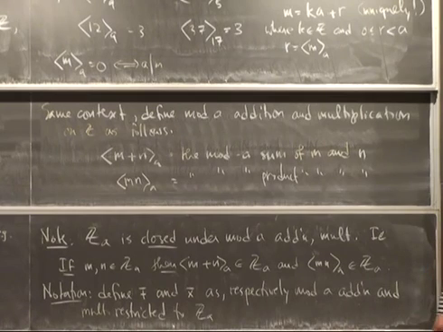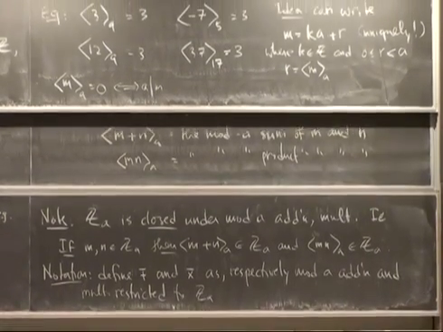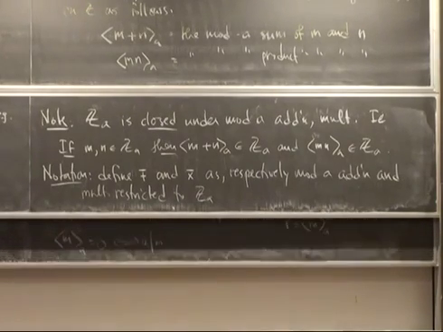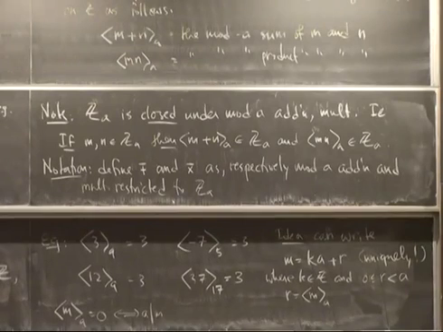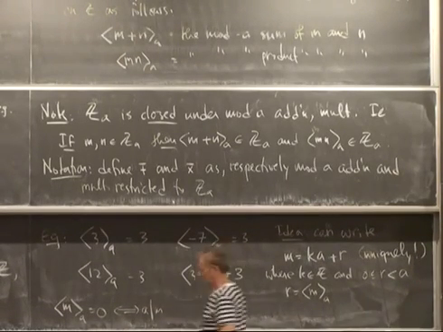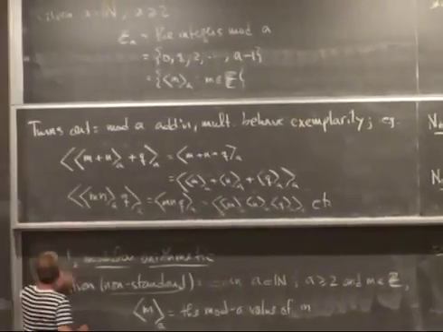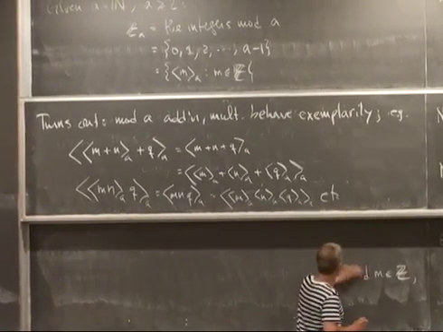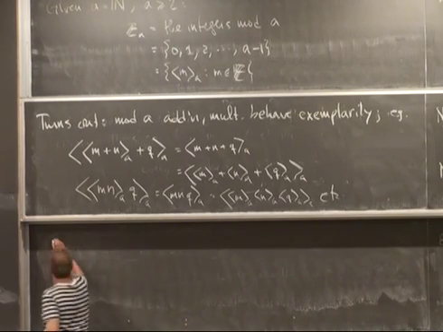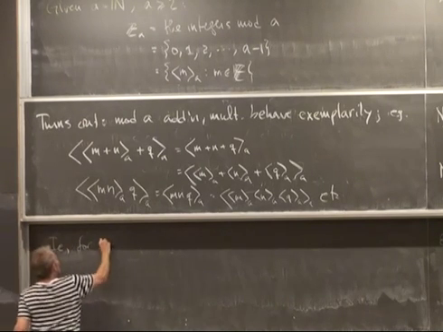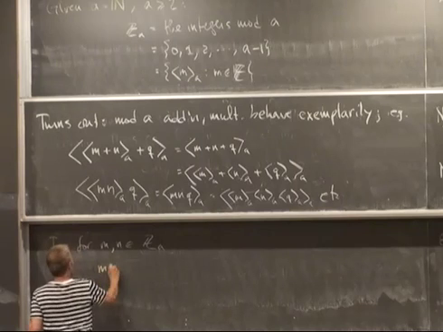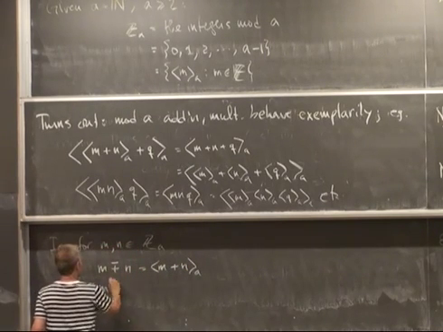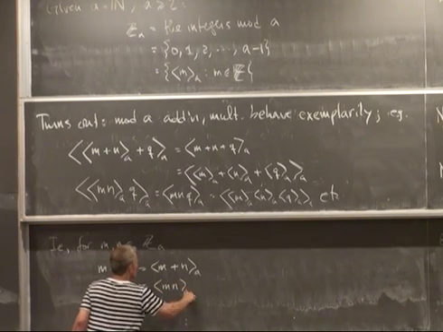So all that means is, for m and n in the integers mod a, if I write m plus bar n, all that means is m plus n mod a. M times bar n equals m times n mod a.